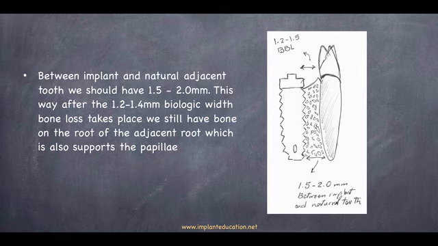So the implant would not be affected. Accordingly, the papilla will not be affected if you stay only 1.5 to 2 and not much further. Accordingly, you should be less than 2 millimeters away from the tooth. And again, 1 is okay, 1.5 would be better, but definitely no more than 2, plus the radius of the implant, and that's where you start drilling to place the implant next door to a natural root.